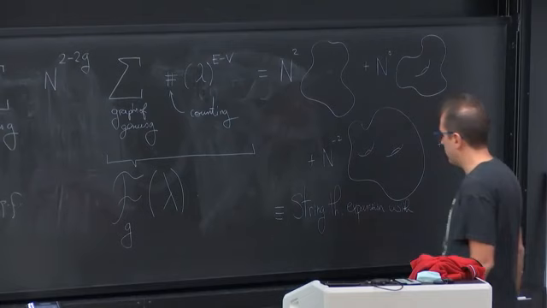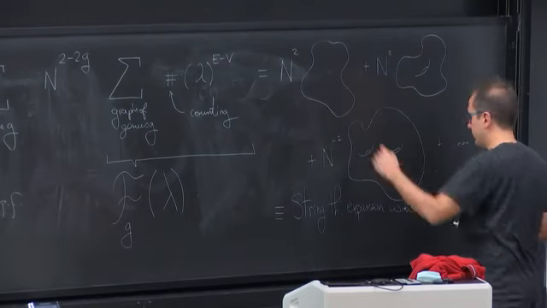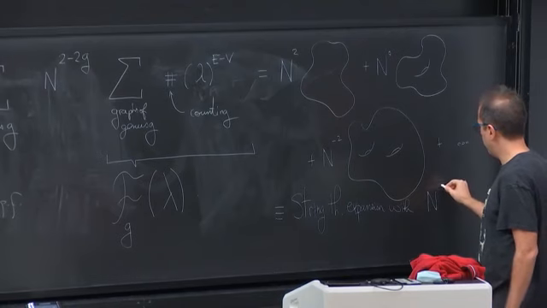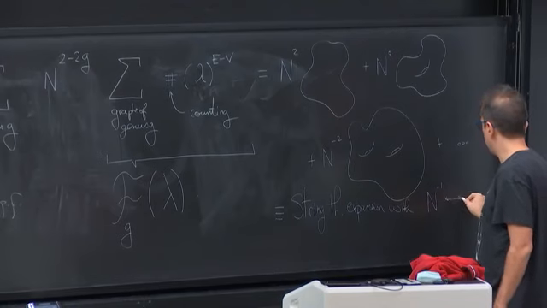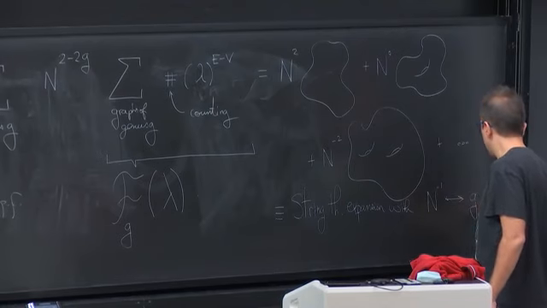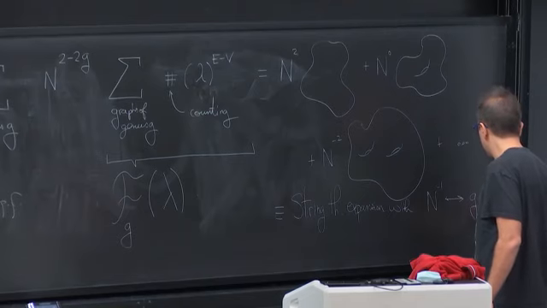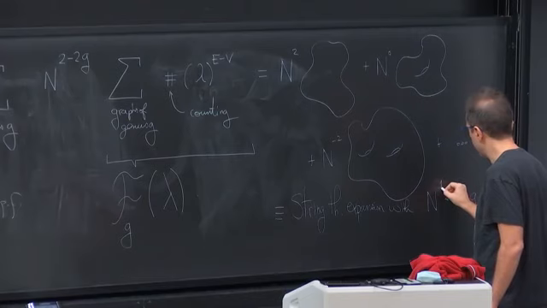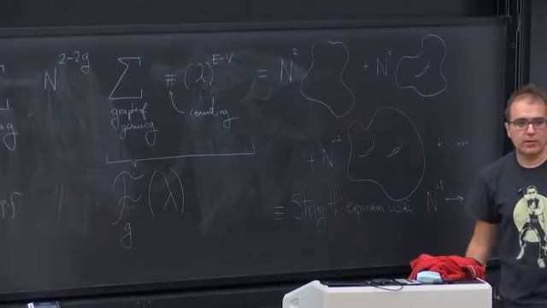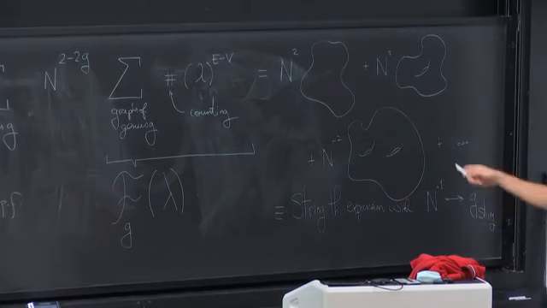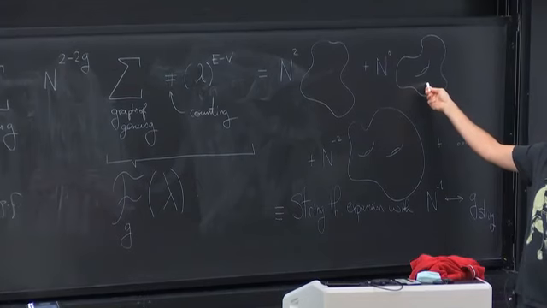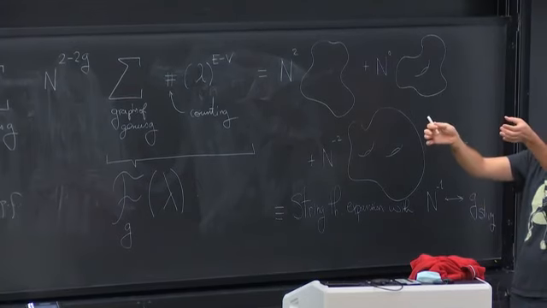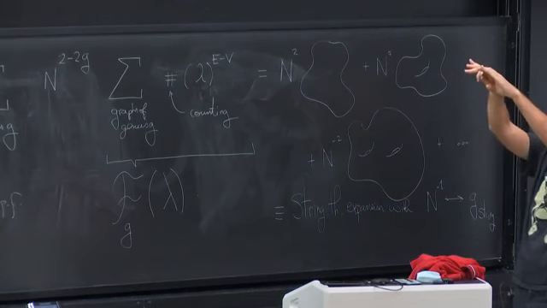If we identify n to the power -1 with what you would normally call the string coupling. In other words, what happens to this graph? I need a probability of splitting the string, creating two strings, and then annihilating them again.